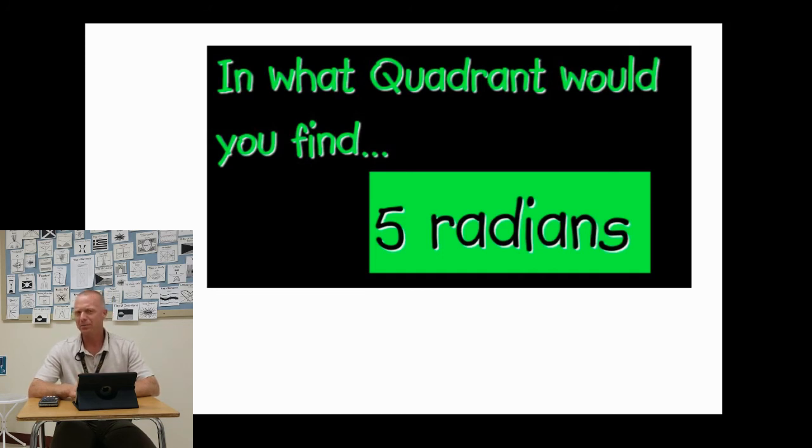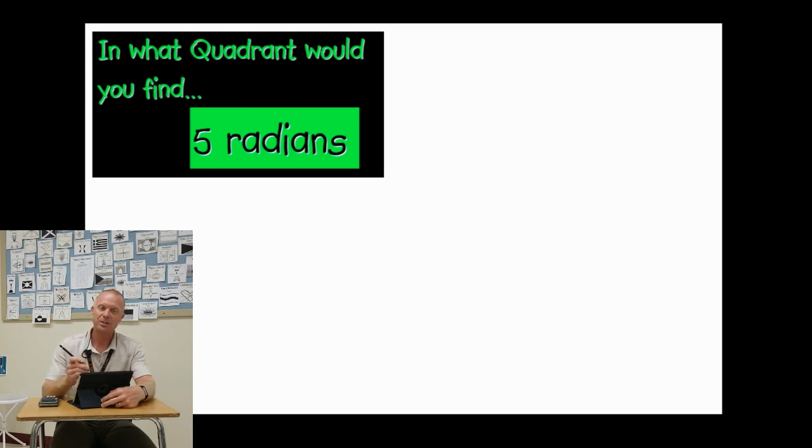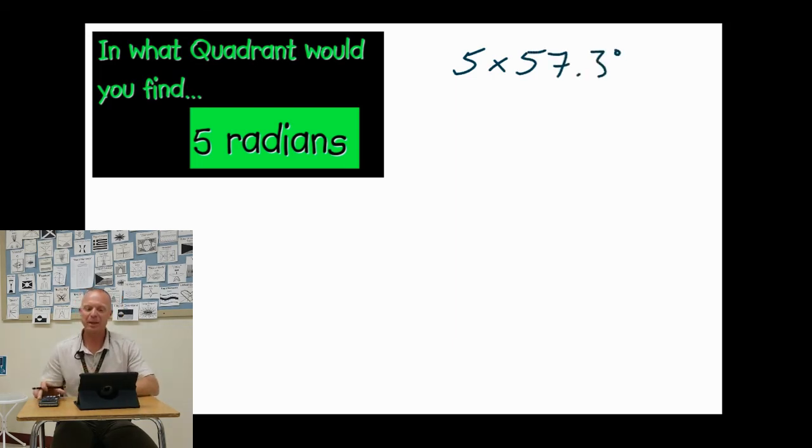What do you mean 5 radians? You mean like 5 of these? Well, yes, I do mean 5 of those. I mean, like I could just take 5 57s? Well, if you understand that 57.3 degrees is 1 radian, and you multiply it by 5, then you would be in the ballpark of understanding exactly how big this angle is.